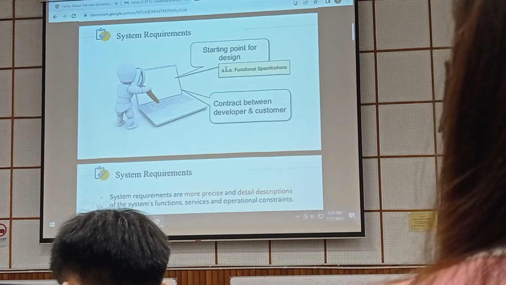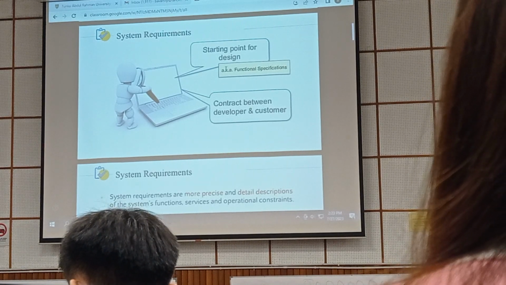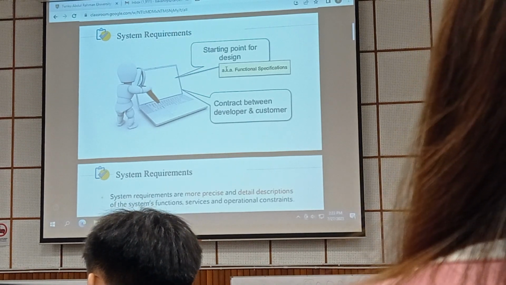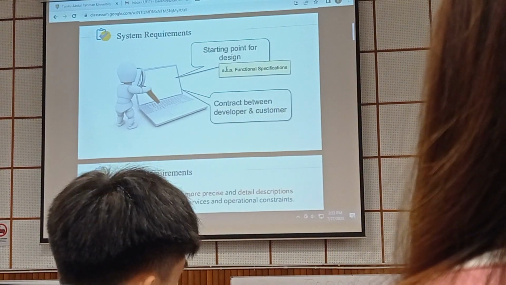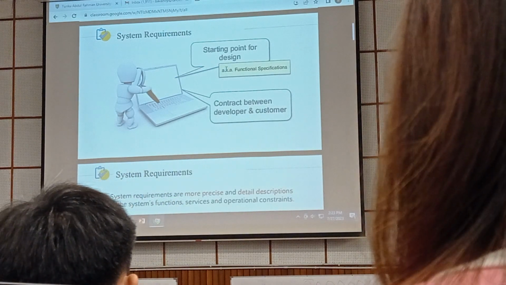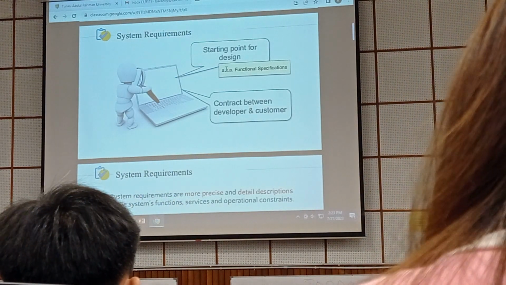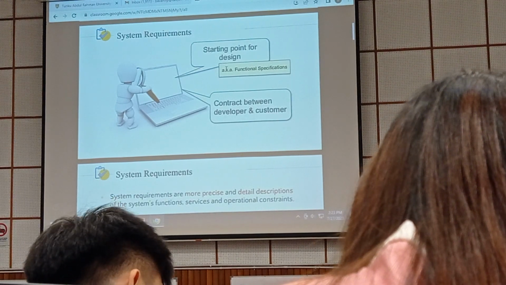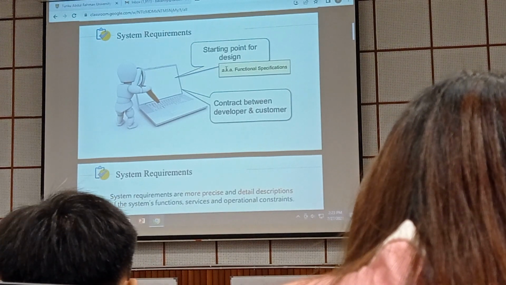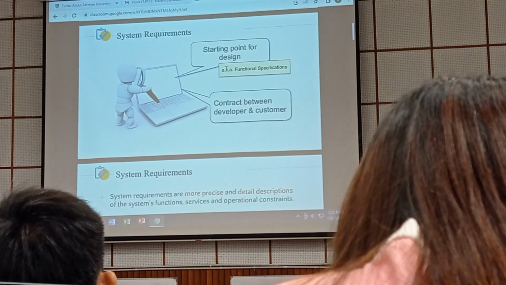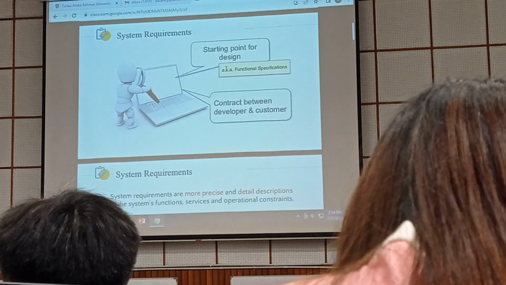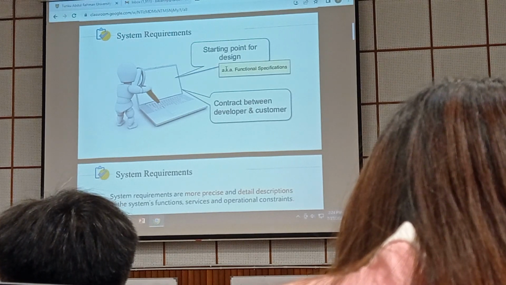Alright, now come back. What you say is partially correct. System requirement is a detailed description of the features, the functions, and the constraints of the system that you are going to develop. The detailed description of the function means, for example, how the system should behave.